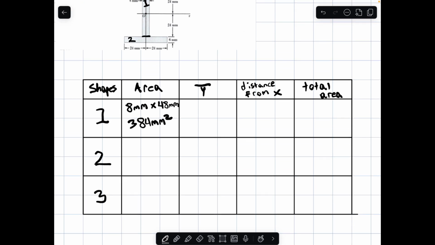Now for 2, the base is 48 millimeters times 6 millimeters. We get 288 millimeters squared.